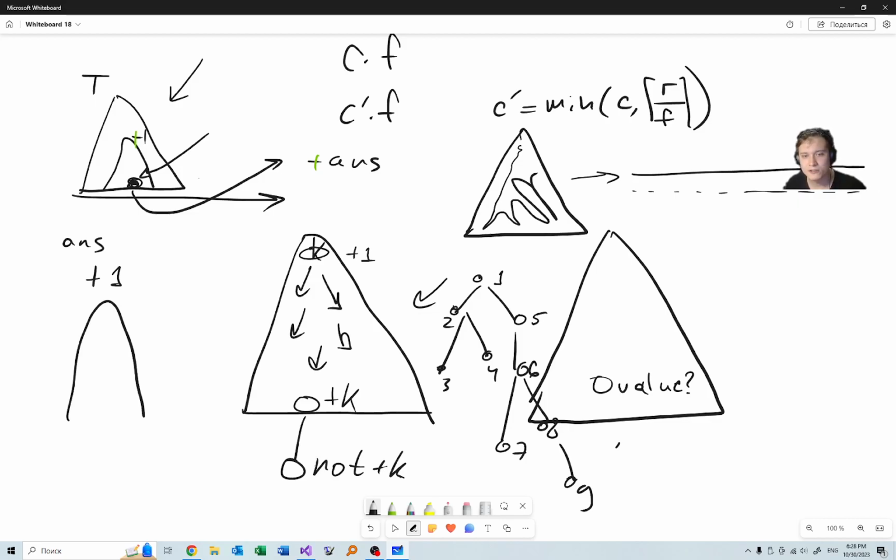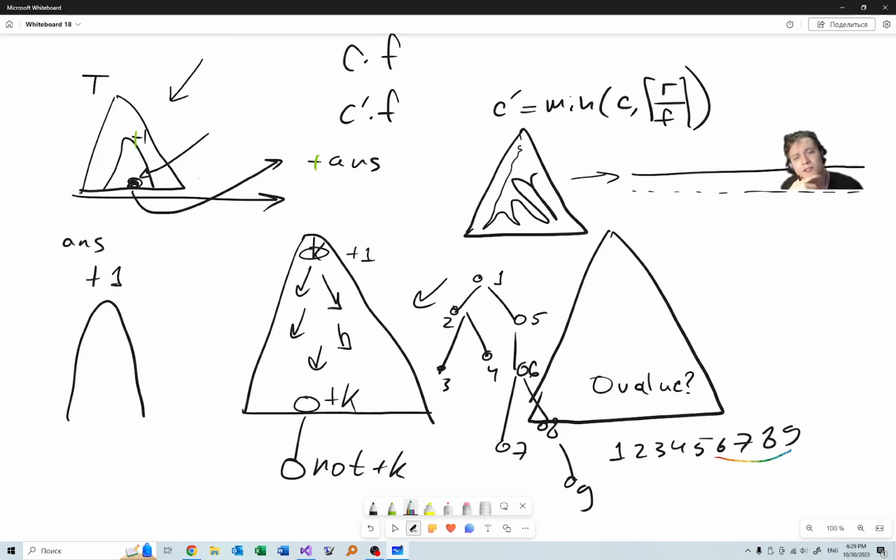It will have Euler tour of this kind, or maybe some other kind. What's interesting is that each subtree will be just a subsegment. So to add on a subsegment, we can just use segment tree. Or maybe even a Fenwick tree.